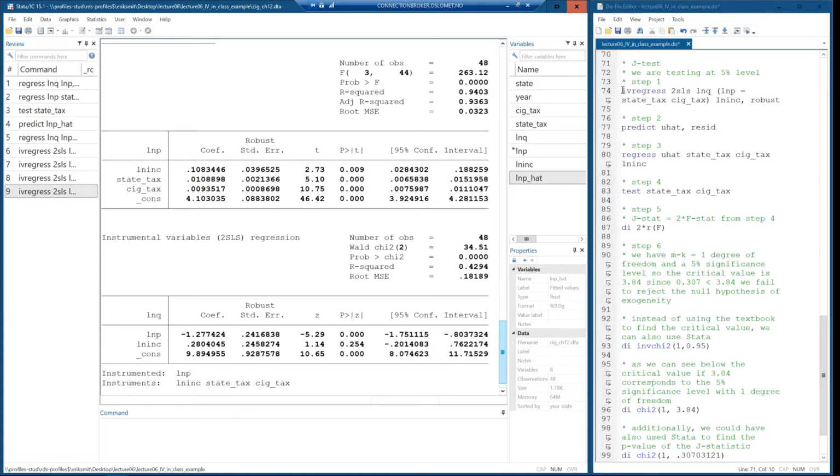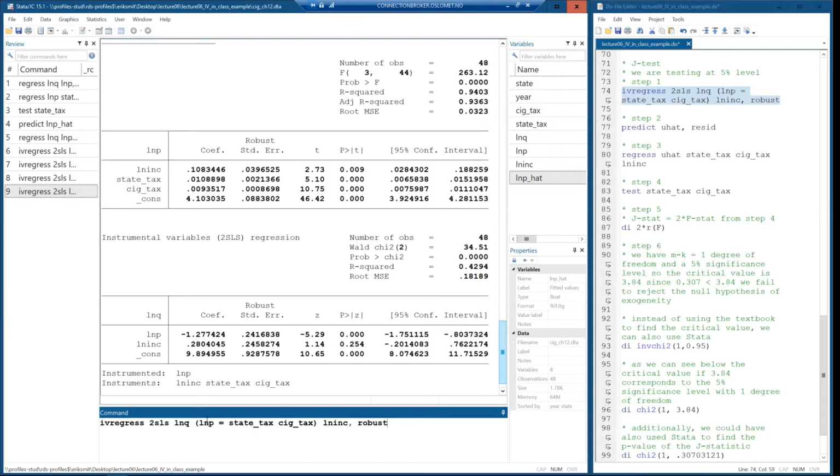So we just run the regression, I regress two-stage least squares, and our dependent variable is ln(q), the quantity, and our endogenous variable is lnp, the log price of cigarettes, which is explained by two instrumental variables, the state tax and the cigarette tax.